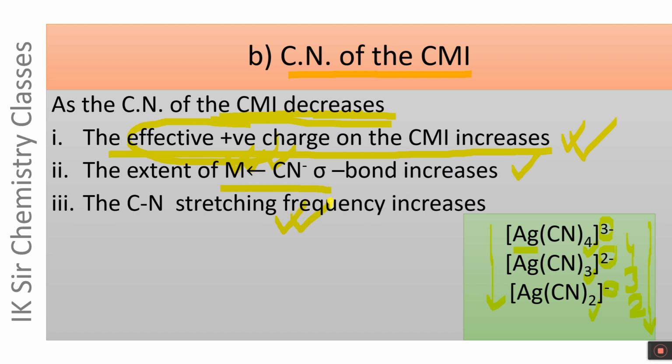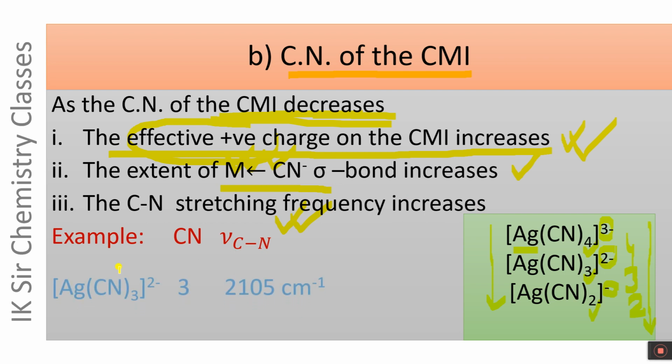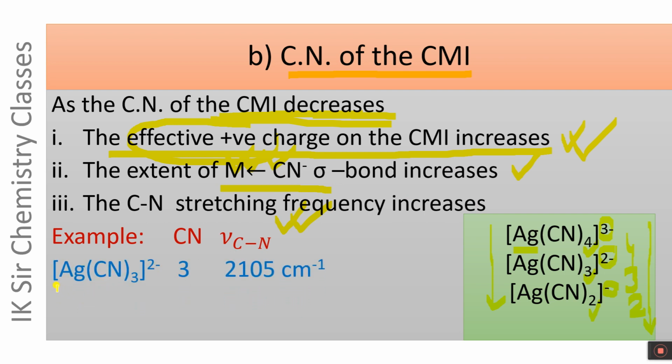Let us illustrate with an example. The coordination number of Ag plus ion is 3 and CN stretching frequency is 2105 centimeter inverse. In another complex, the coordination number of Ag plus is 2 and the stretching frequency is 2135 centimeter inverse.